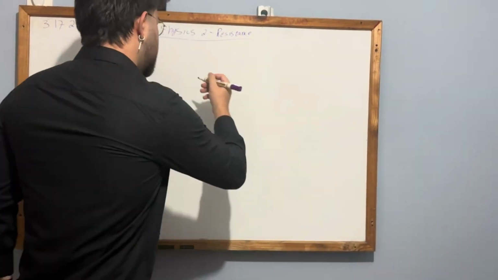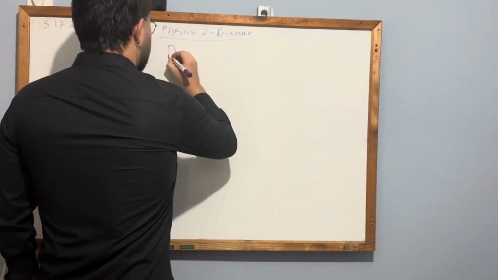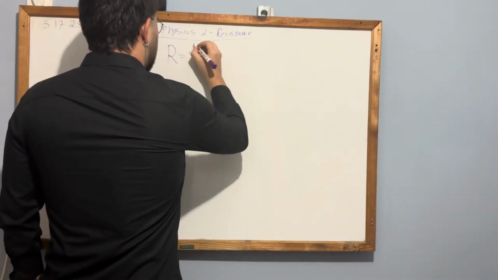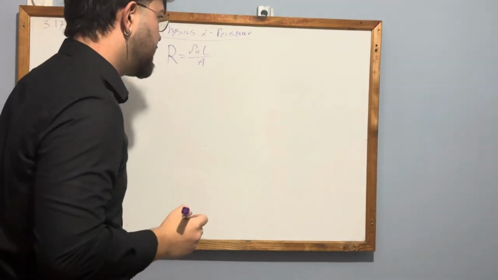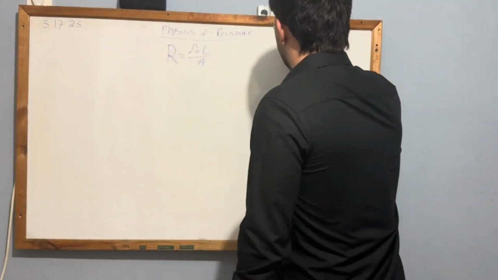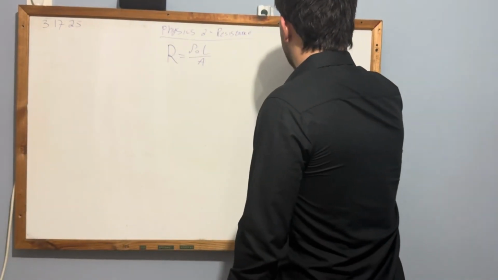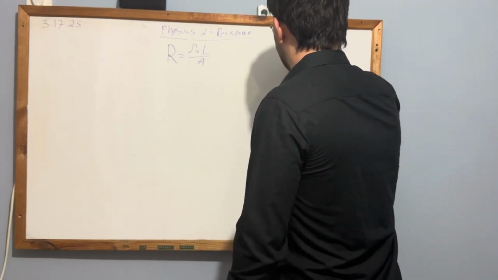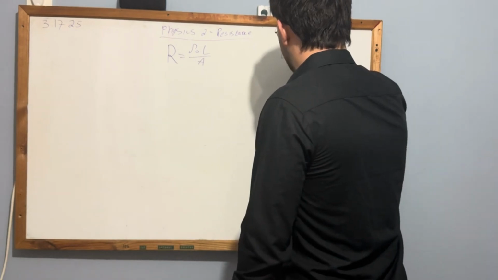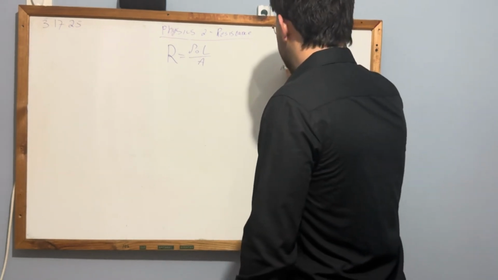So let's say we have our formula again: rho 0 times the length divided by the surface area. Rho 0 is a constant, L is the length, and A is the surface area.